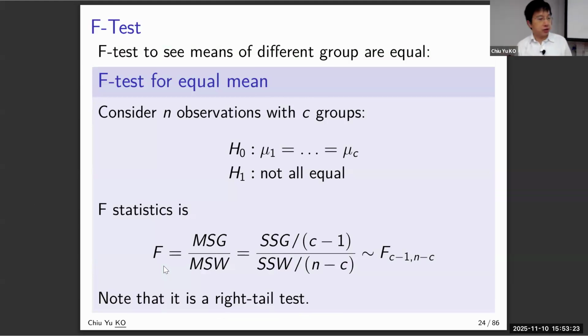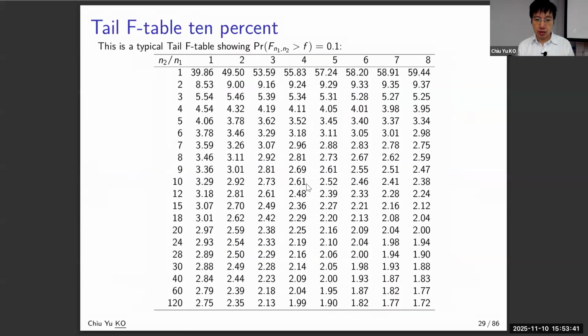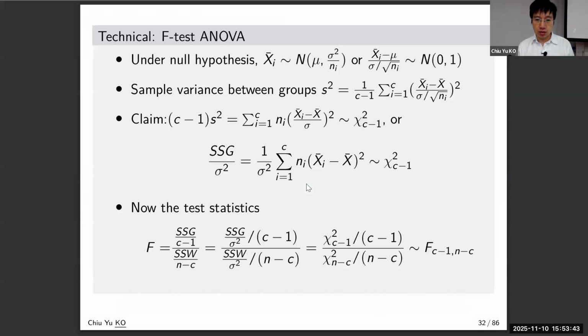So we want to compare the group over the within. What do you mean by that? So the idea is the following. Maybe I should have the graph over there.